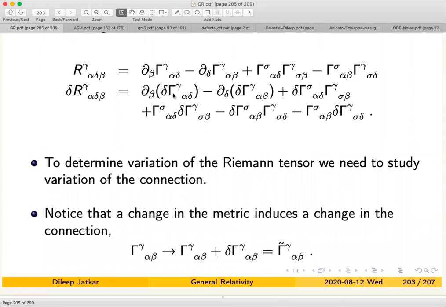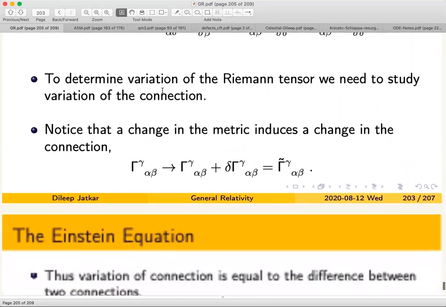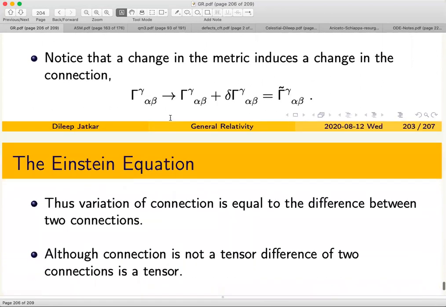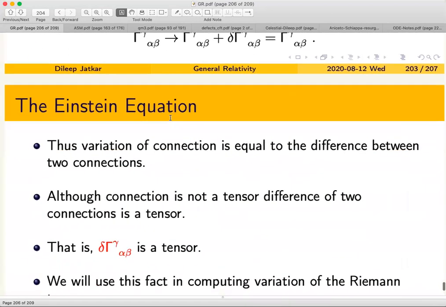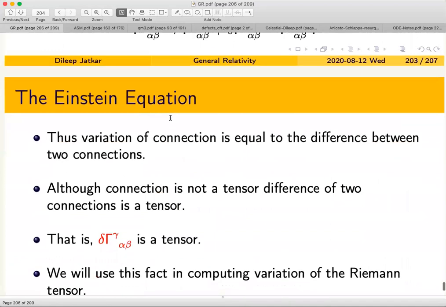But the variation of the Riemann tensor involves derivatives of delta gamma, and we know that the derivative of a tensor is not a tensor. So what we want to do is to see whether we can maintain the tensorial nature of delta gamma, and that can be done by actually taking the covariant derivative of delta gamma.